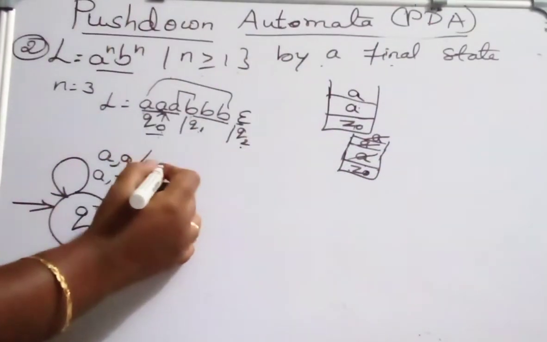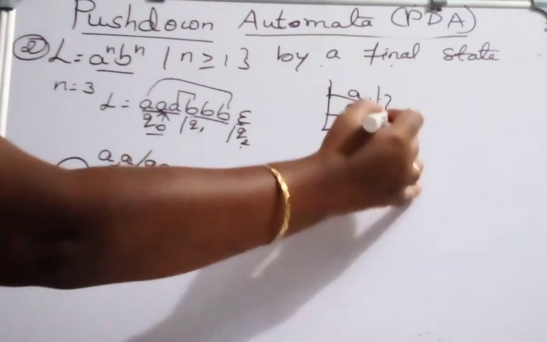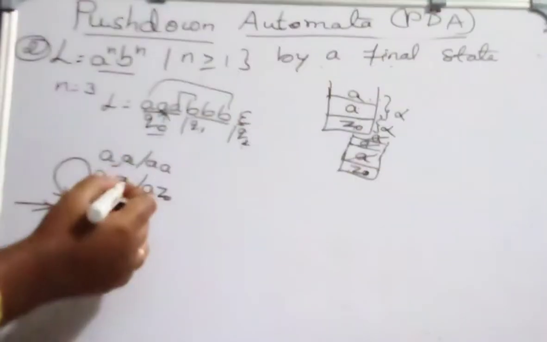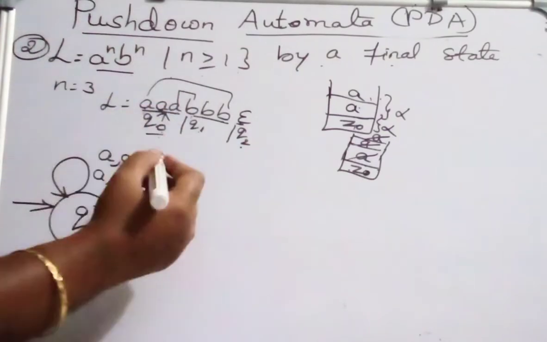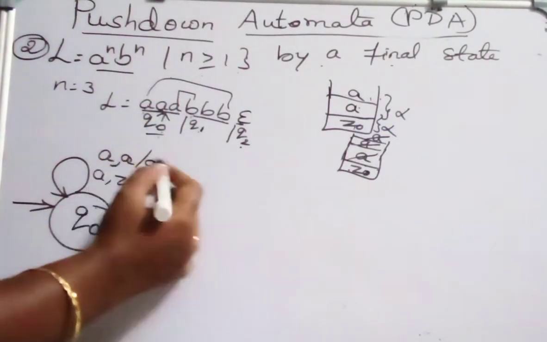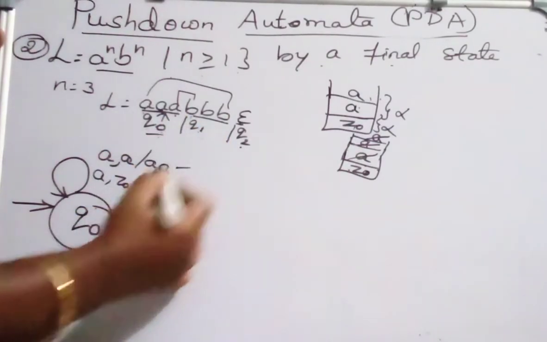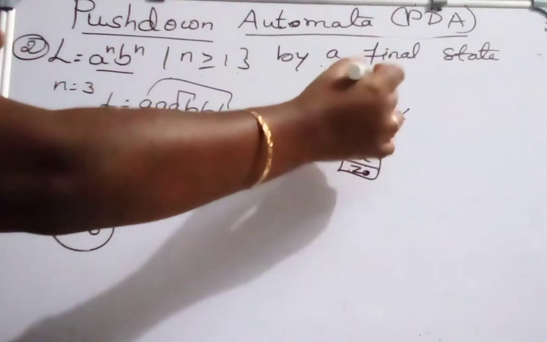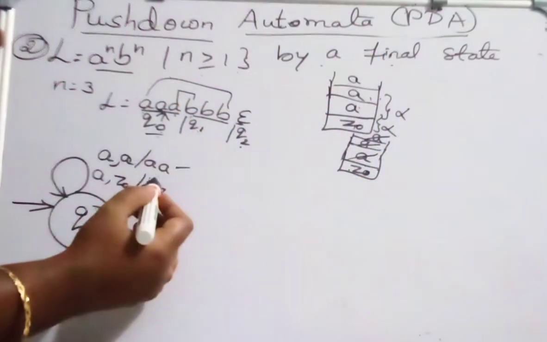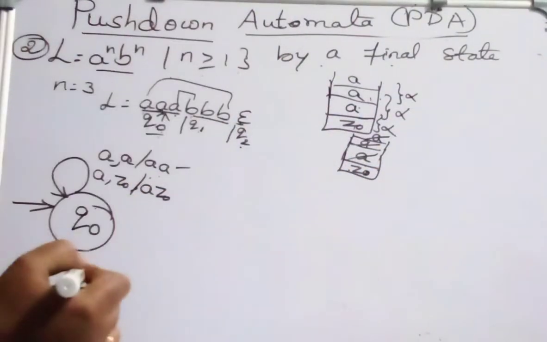So now alpha is AA; initially it was AZ0, now it has become AAZ0. This process continues. For any number of A's, this transition will work. This rule is enough. For the third A, the same rule applies: whenever it finds the third A, it pushes it to the stack. Now this will be my alpha, like that.